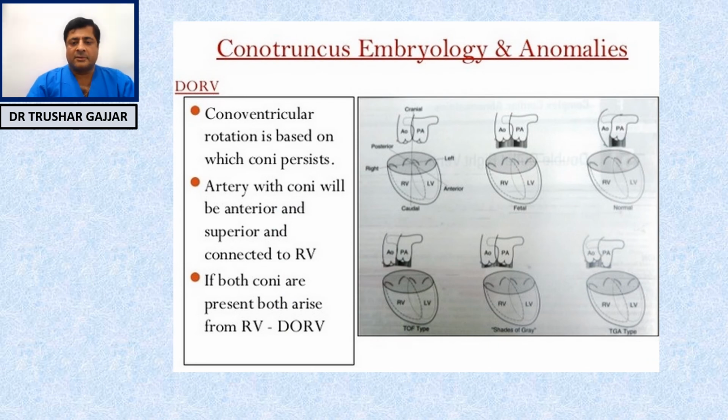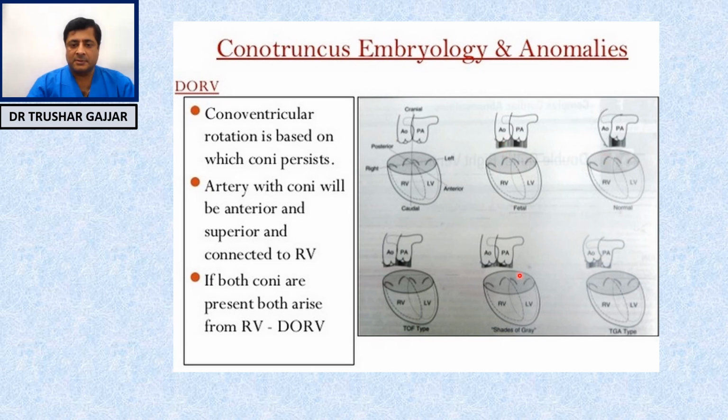In embryonic life, there are two conuses, subaortic as well as subpulmonary conus. Normally, the subaortic conus disappears, and wherever the conus persists, that artery is pushed forward. Means pulmonary artery is coming forward, and the aorta is going posterior.